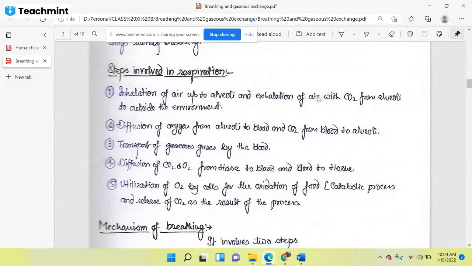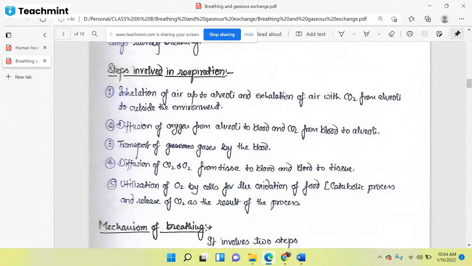And exhalation of the air with carbon dioxide from the alveoli. I told you that exhalation from the same alveoli takes place, and due to this exhalation, whatever air we have taken in will be thrown out of our lungs. So from the exhaled air, carbon dioxide will be removed from our lungs.